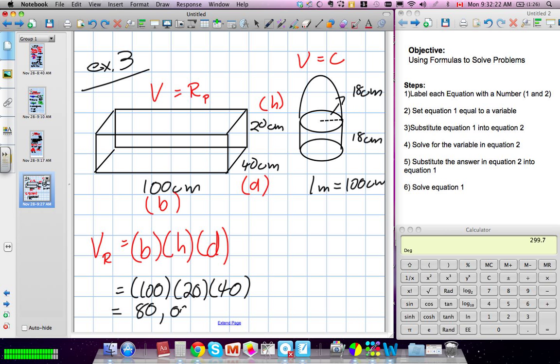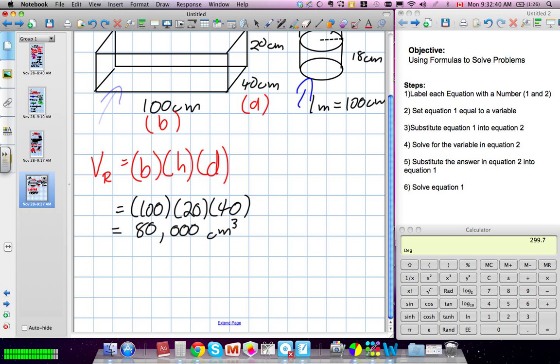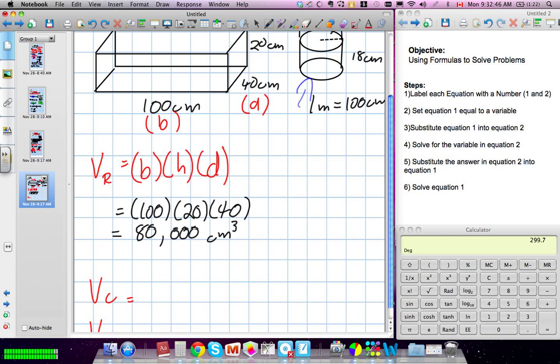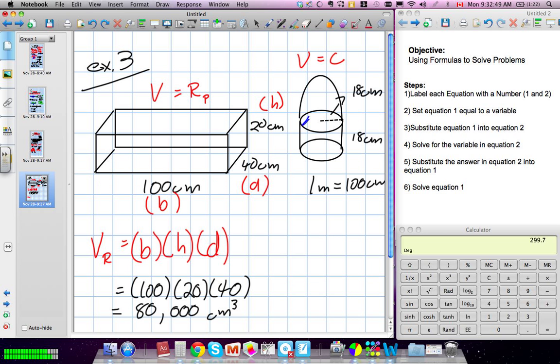The next thing we have to figure out is the volume of our cylinder. Now, a volume of a cylinder is a little trickier. The volume of our cylinder is essentially the area of the circular part multiplied by the height. So we know this 18 centimeters is our height, and the radius, or r, is 18 centimeters. I need to remember my volume formula.